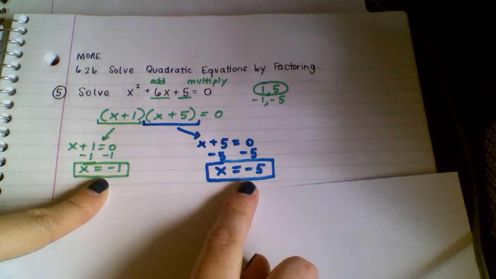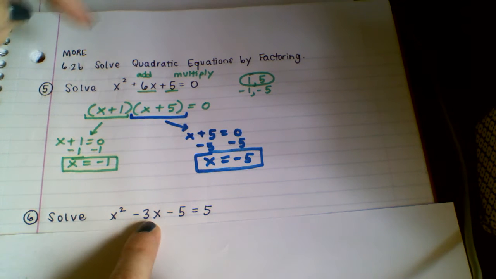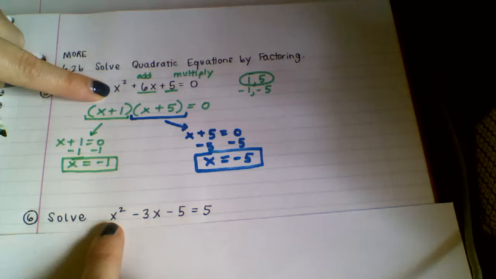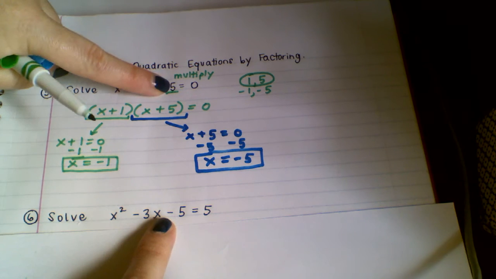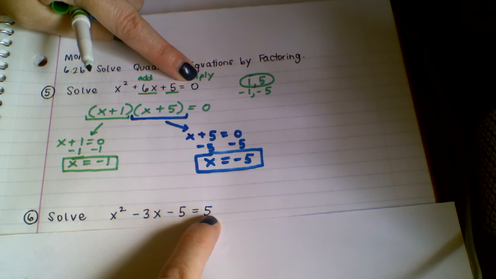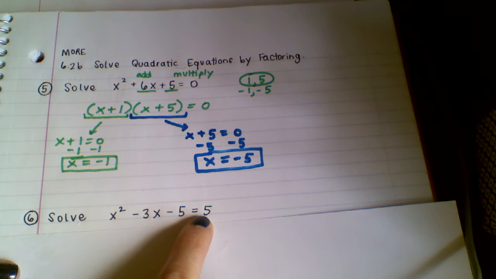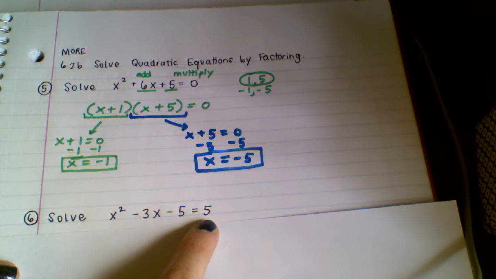Now let's kick it up a level. Example 6. The only difference between examples 5 and 6 in the way that it's set up is, oopsies, I'm not set equal to 0 just yet. So I can't use the zero product property for number 6 until I have this set equal to 0. So write down example 6, which is solve x squared minus 3x minus 5 equals 5.